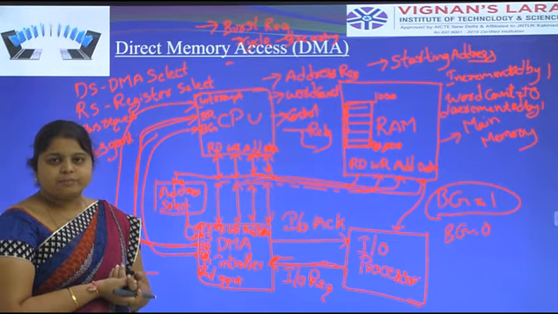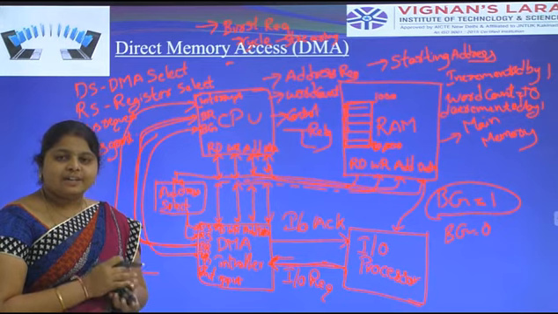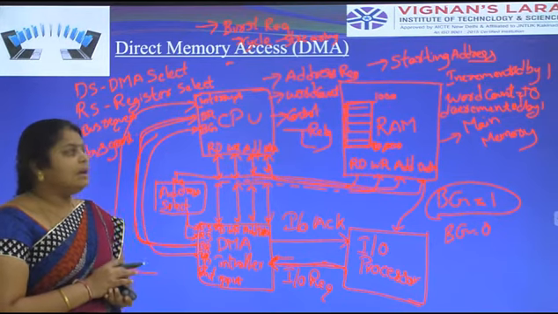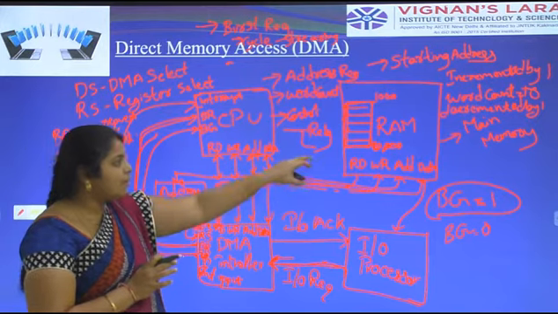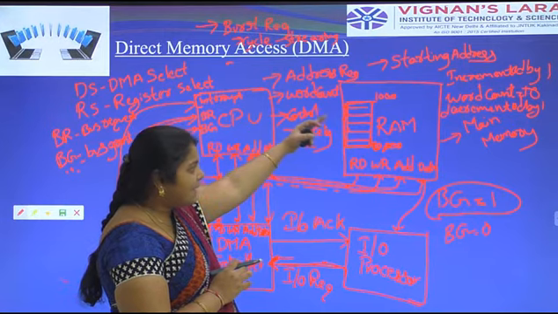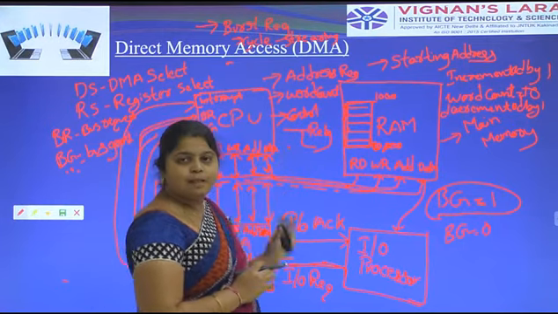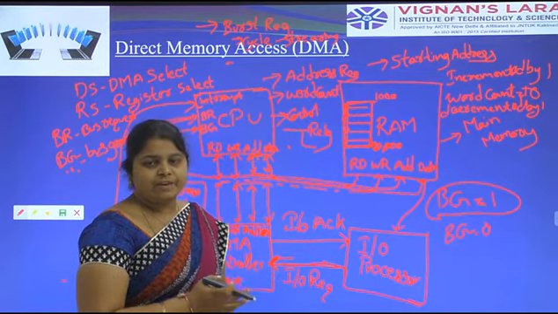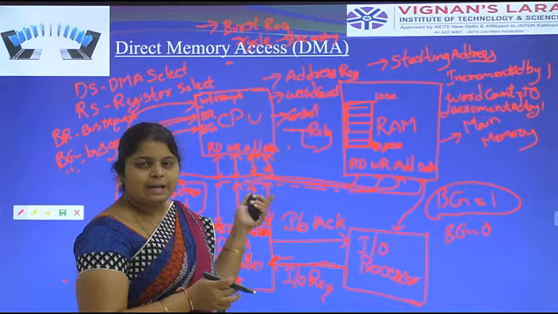The address register specifies the starting address of the memory, and on every visit it is incremented by 1. In word count, for example, take a memory consisting of 10 words; for every visit, the word count is decremented by 1. The control register is nothing but the read and write operations of every device. These are the three registers provided in direct memory access.